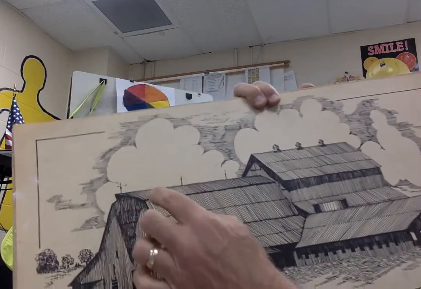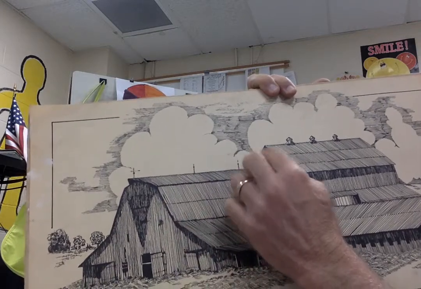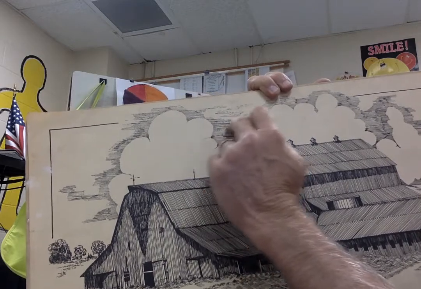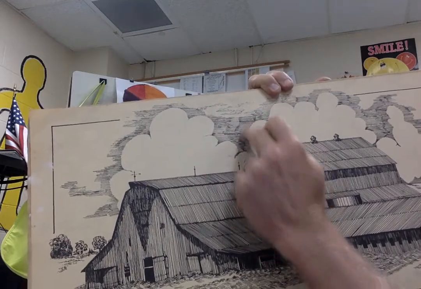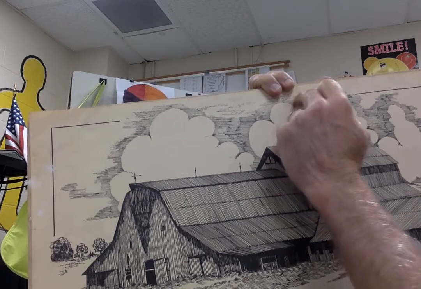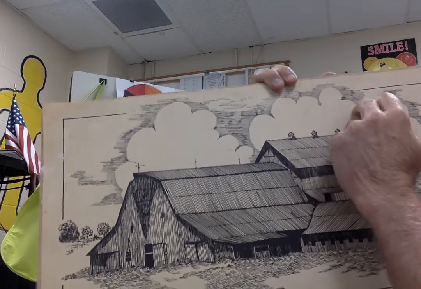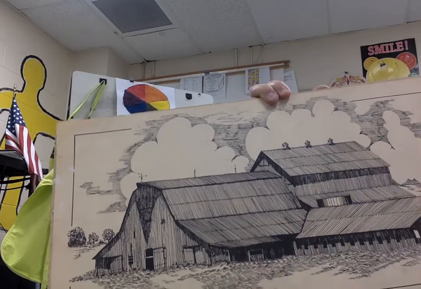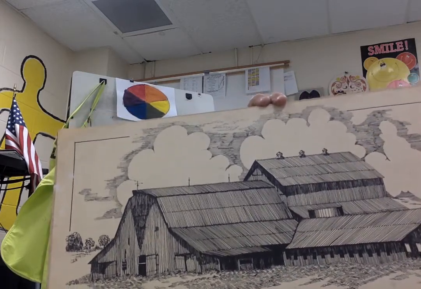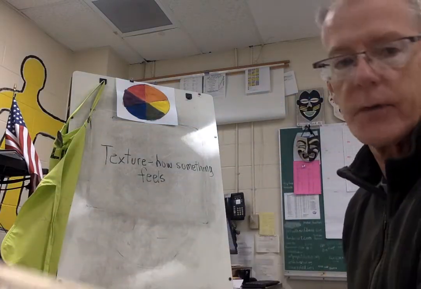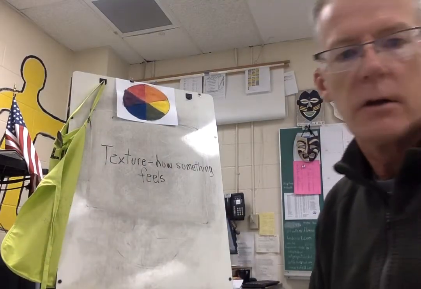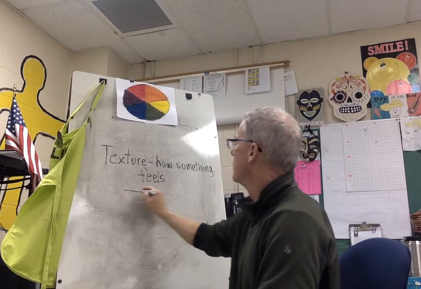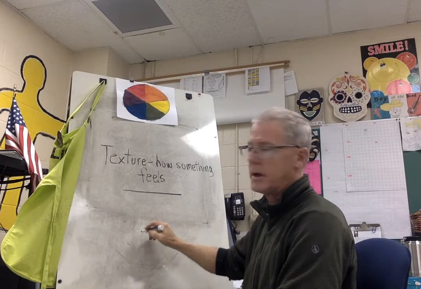Now, in order to show the clouds, all the artist did was do horizontal lines, and they stopped so that it looked like it was in the shape of a cloud. It's a pretty cool technique to show texture. Okay, so if you're going to do texture using lines like this, we'll do the barn roof. How about that?